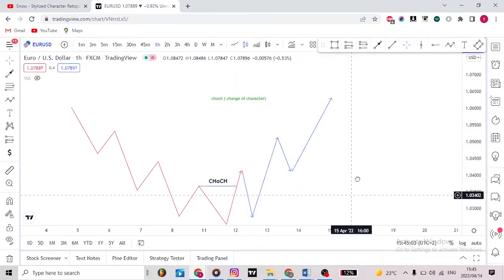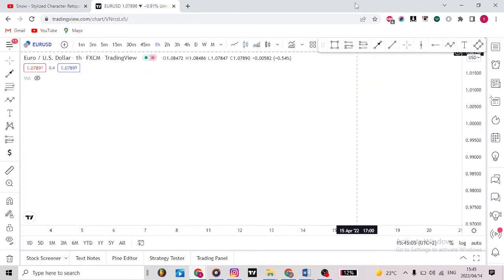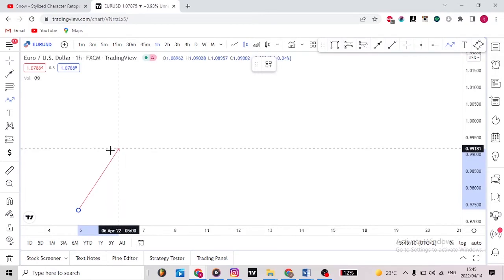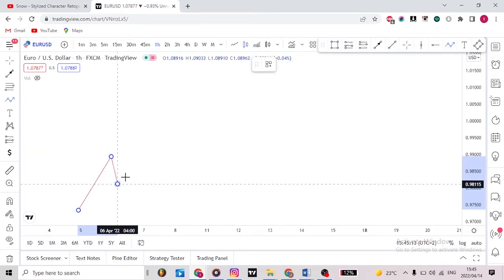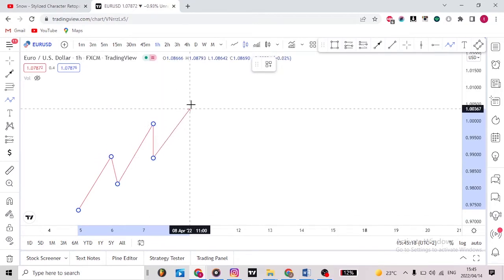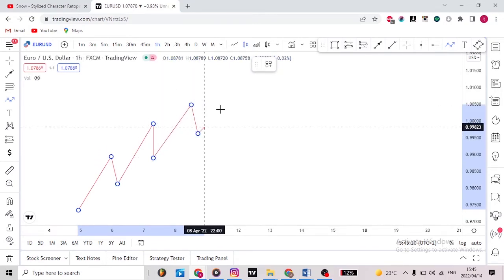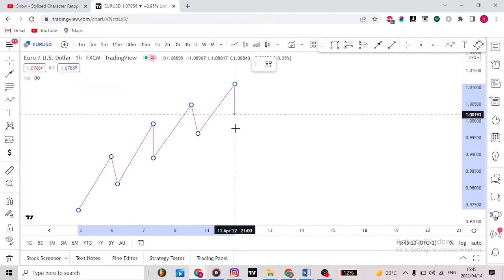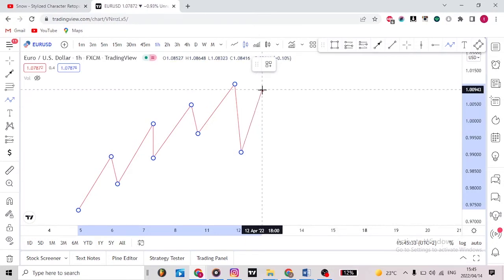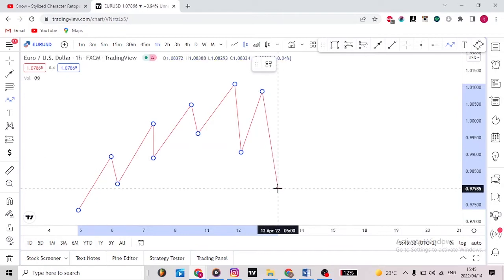So the same would be for the opposite. If you are in an uptrend, and we keep continuing to make higher highs and higher lows, higher highs and higher lows, and then all of a sudden we take out the previous higher low, that is a signal of a change of character, and we expect the market to go back into our point of interest, either the breaker block or the order block, and then continue pushing to the downside.